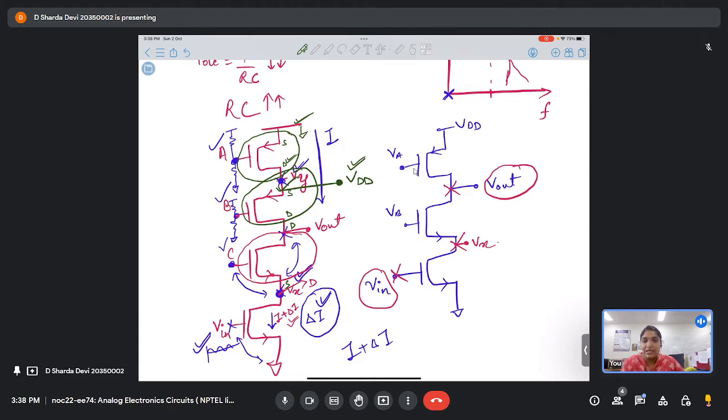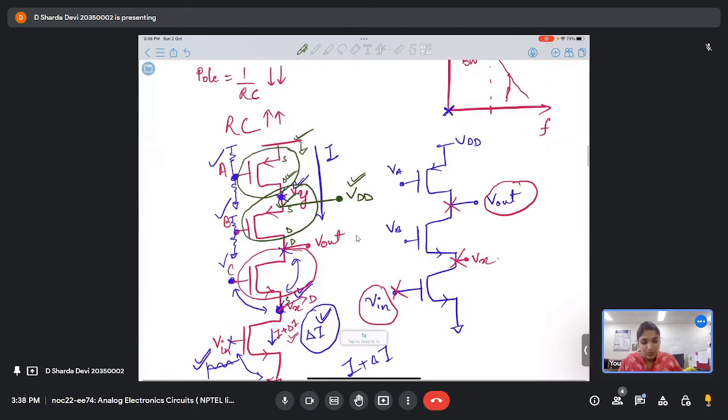So basically, find all the nodes in your circuit which are floating in nature, along with your input and output node, and those will be your AC nodes. Is this clear to everyone?